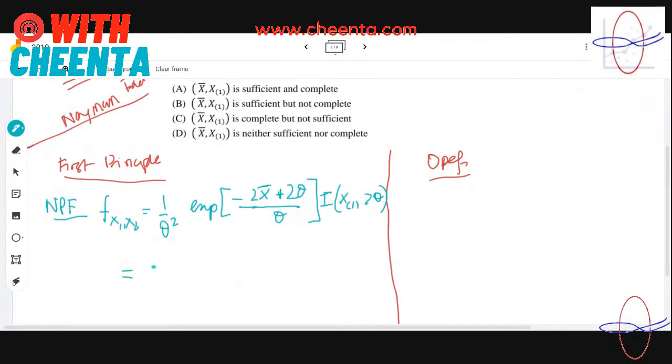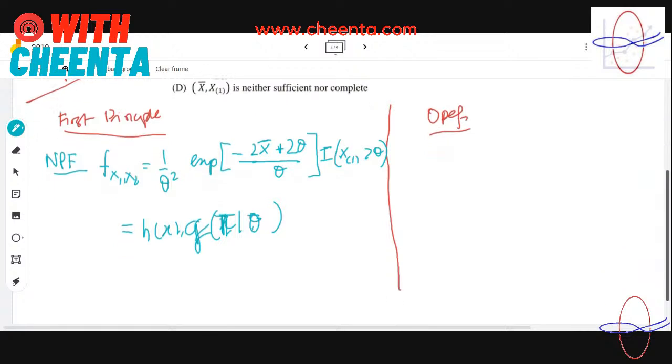Okay, so can you write it in that form? What was the form? Can you find out this sufficient statistic? It's in the form h(x) times g(t(x) given theta). So you need to find out h(x).